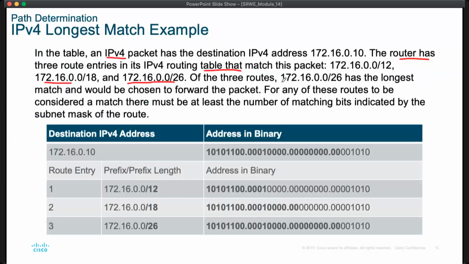Of the three routes, 172.16.0.0/26 has the longest match and will be chosen to forward the packet. For any of these routes to be considered a match, there must be at least the number of matching bits indicated by the subnet mask of the route. Like this example here.